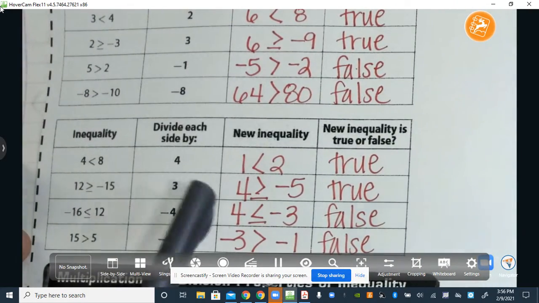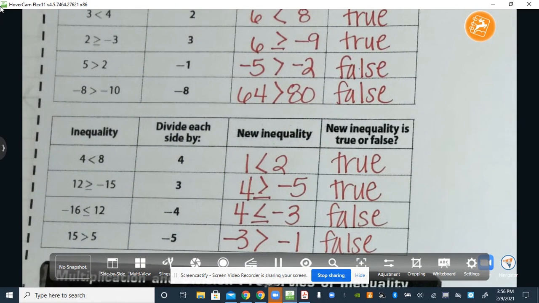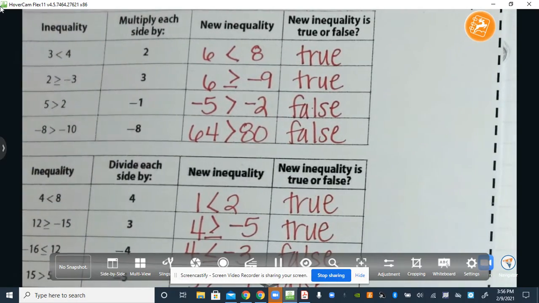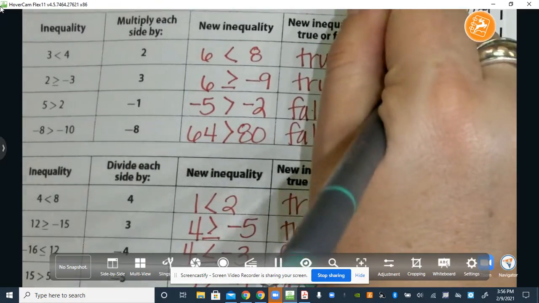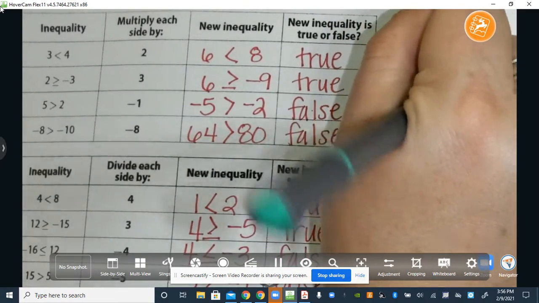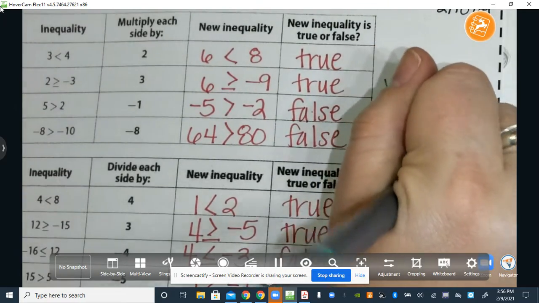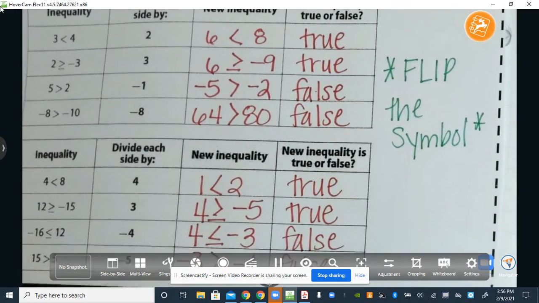Well, when we divided by a negative, it remained false. But you can make them true. And how you make them true is you flip the symbol. You gotta flip it around.